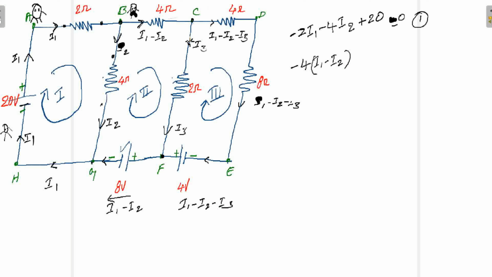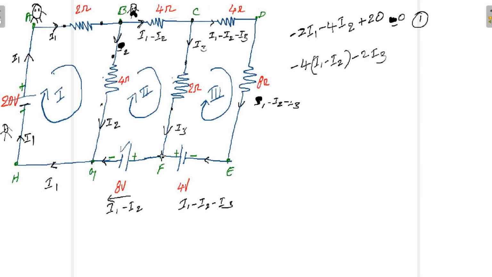In this travel, the current I3 comes across one resistor, that is 2 ohms. So there should again be a voltage drop. Some amount of the voltage is dropped across this 2 ohm resistor, and the remaining will be present at this section. How much is the voltage drop? 2 into I3. So minus 2 into I3.